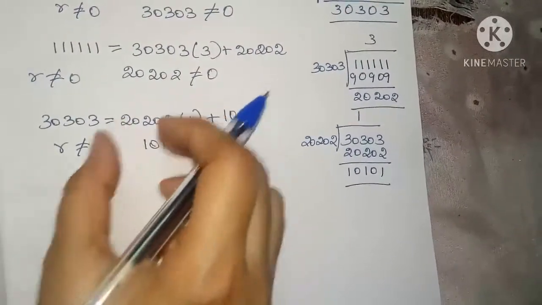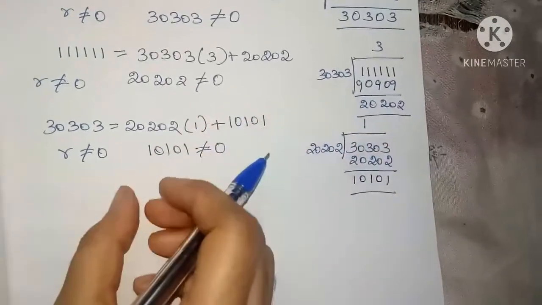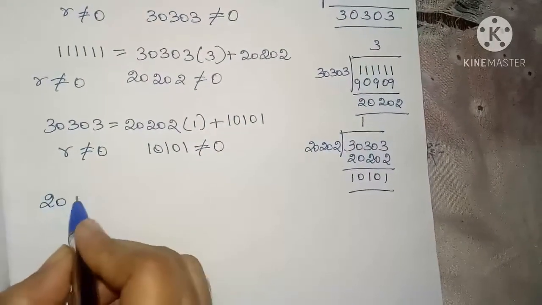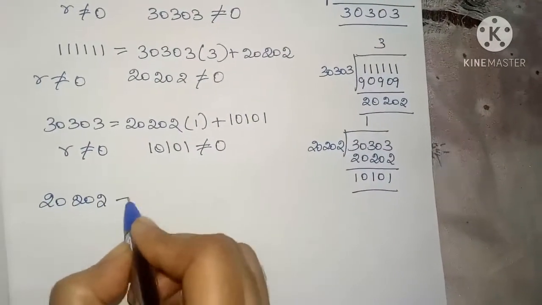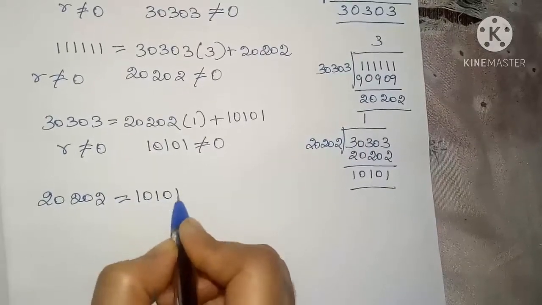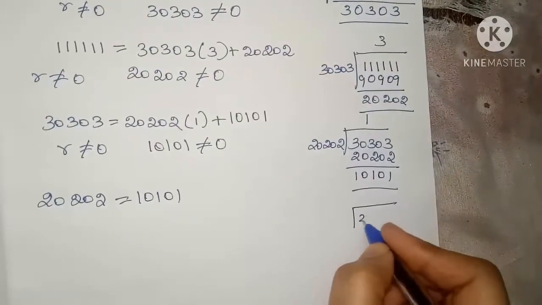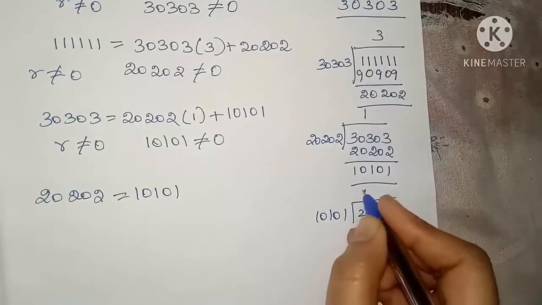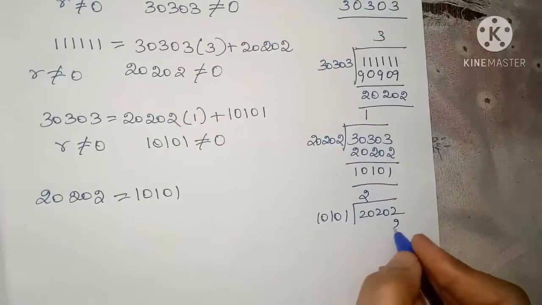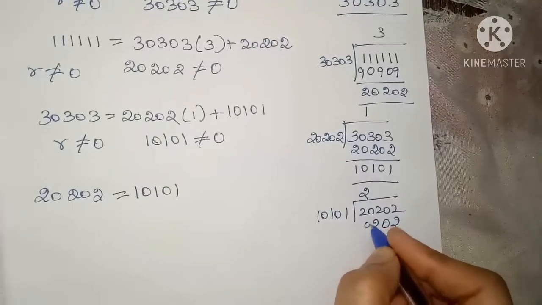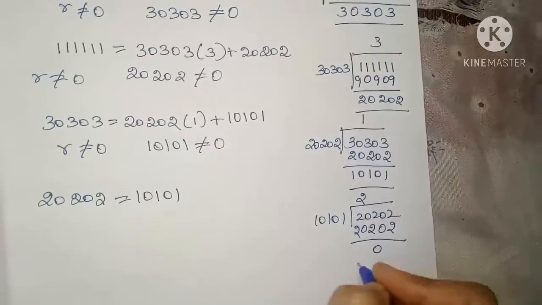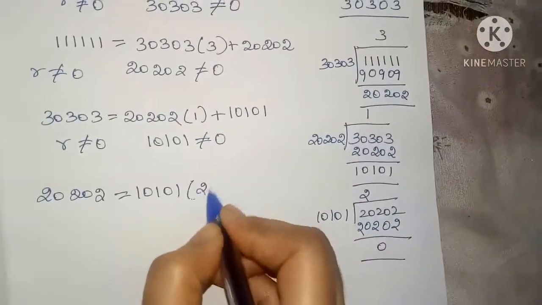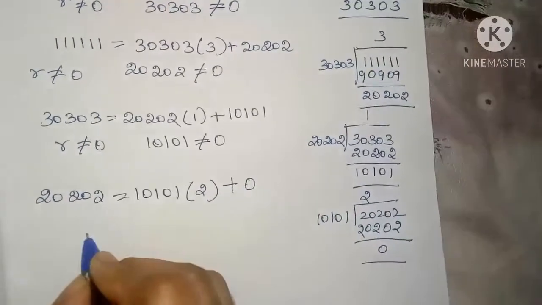Next, this divisor should become a dividend and remainder should become a divisor. So write 20202 is equal to 10101. Divide this, 20202 by 10101. Multiply it with 2. 2 1s are 2, 2 0s are 0, 2 1s are 2, 2 0s are 0, 2 1s are 2. So our remainder is 0. Right here 2 plus remainder 0.